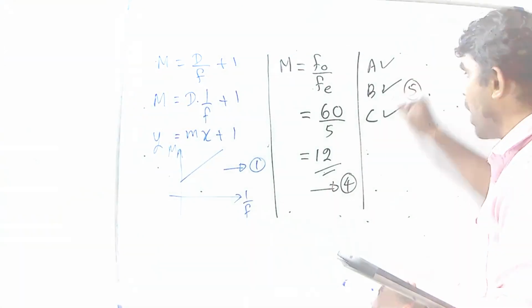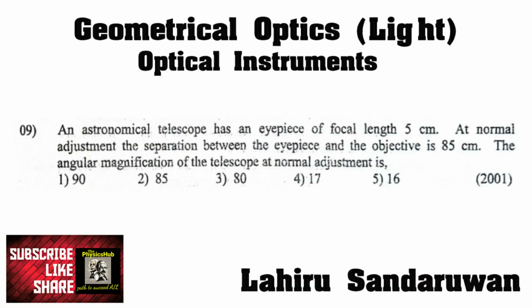Then answer is 5. An astronomical telescope has an eyepiece of focal length 5 centimeters. At normal adjustment, separation between eyepiece and objective is 85. It means objective focal length should be 80. The angular magnification of the telescope at normal adjustment.